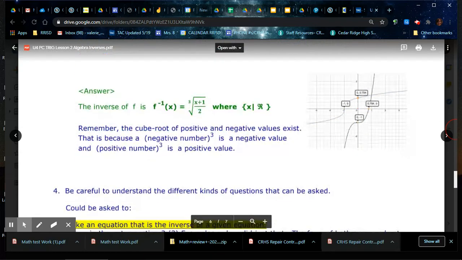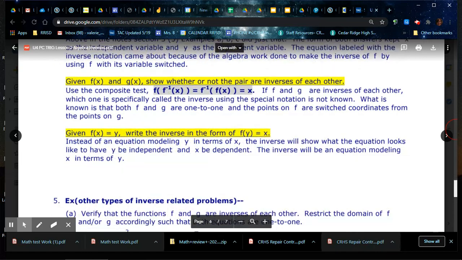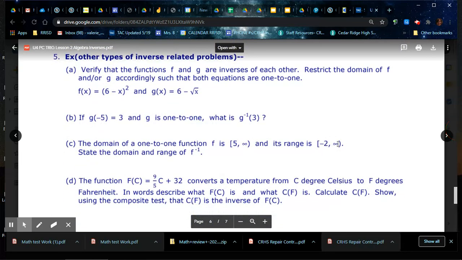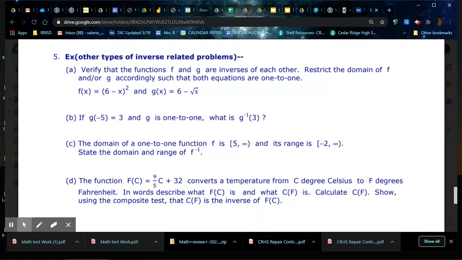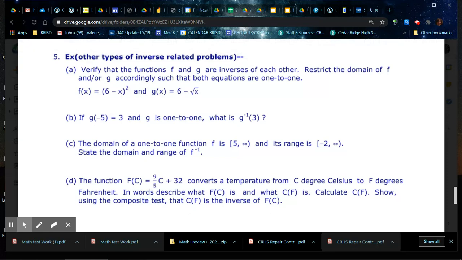So there's the cube root example. And then here are some example problems of things you might see on a test or a quiz. Verify that both functions f and g are inverses. How would you verify?